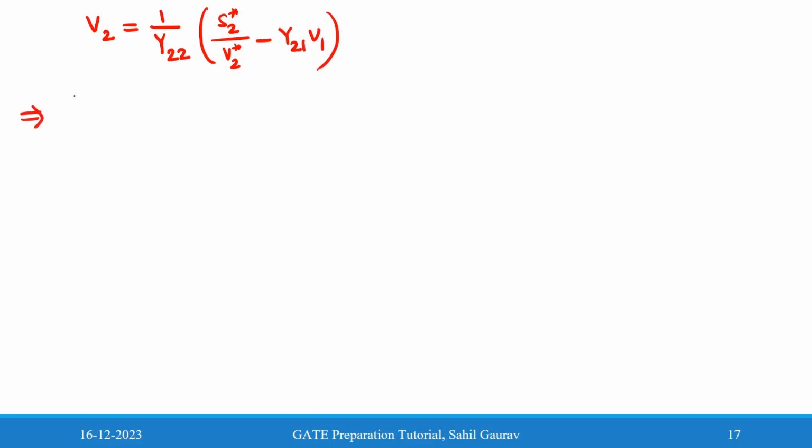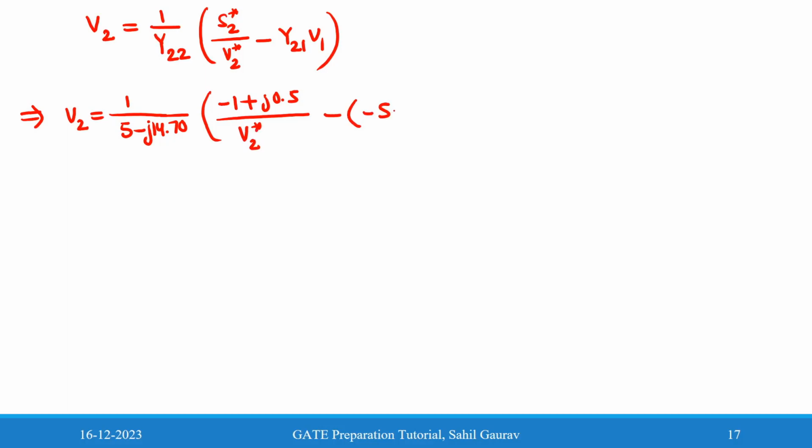Therefore, 1 divided by 5 minus j14.70 times the quantity, minus 1 plus j0.5 divided by V2 conjugate, minus minus 5 plus j15. Voltage at V1 is 1.0 at the angle of 0 degree.